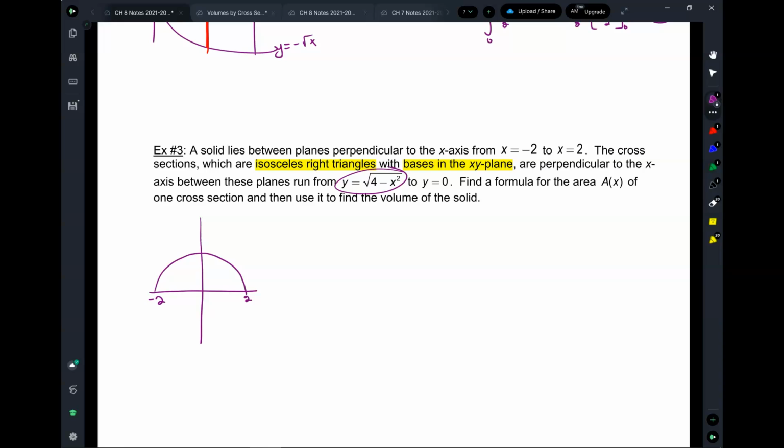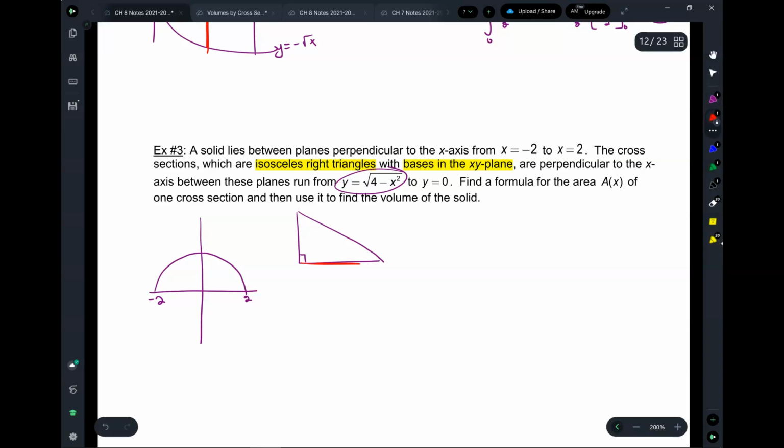Okay, we're cool? Now, always draw the cross section. I highlighted the cross section. It's an isosceles right triangle. So let me draw that, an isosceles right triangle. This is why we teach you geometry, okay? With bases in the xy plane.